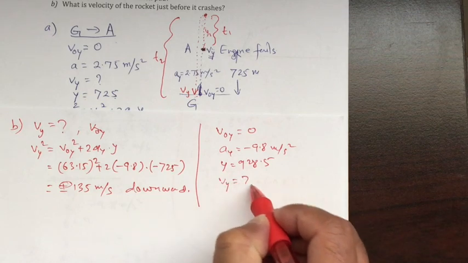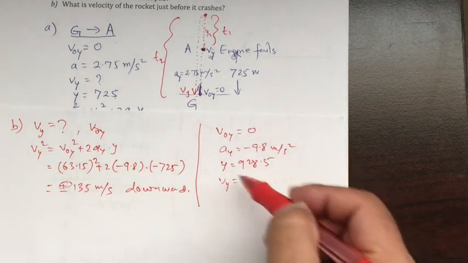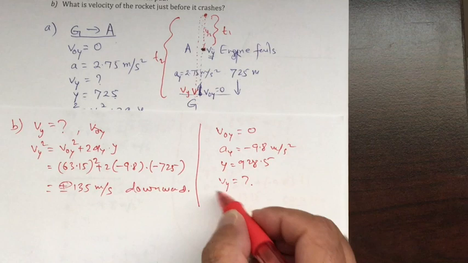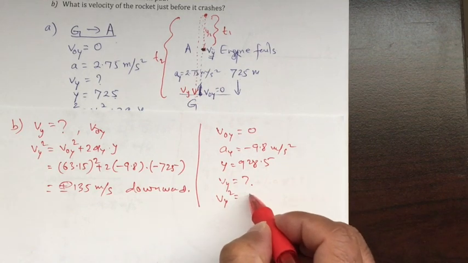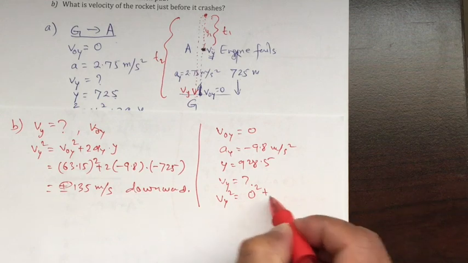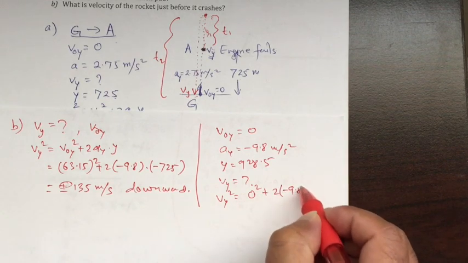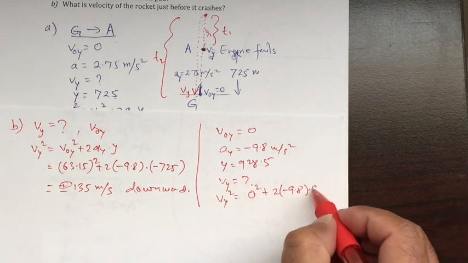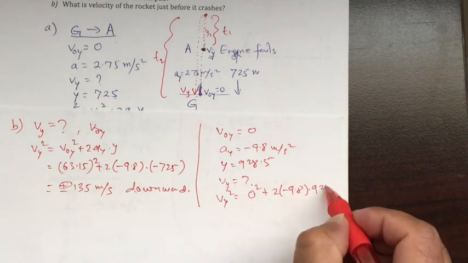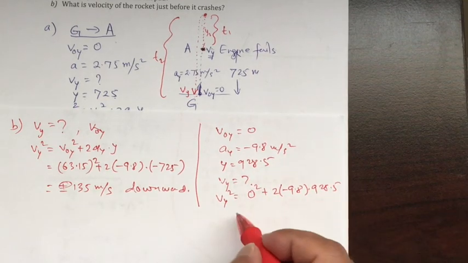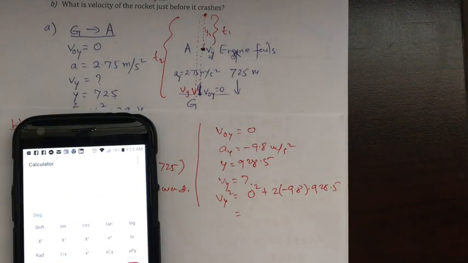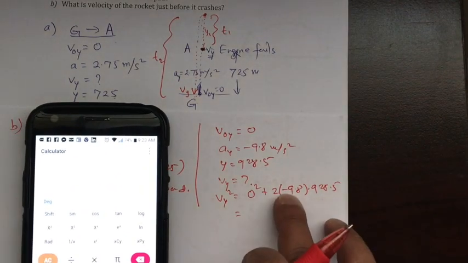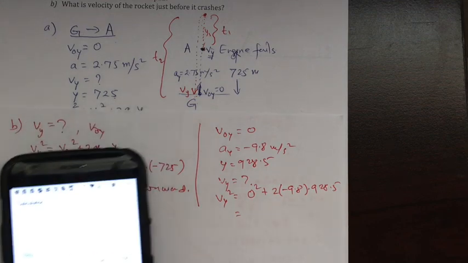If you use this, you can get the final velocity. Vy equals what? Your formula is the same, but your information has changed. So Vy square equals 0 square plus 2 times minus 9.8, but now y is 928.5.